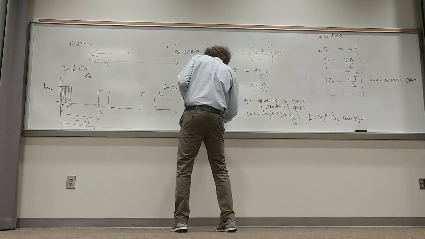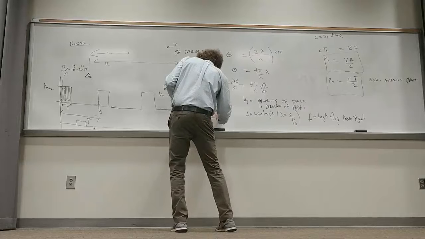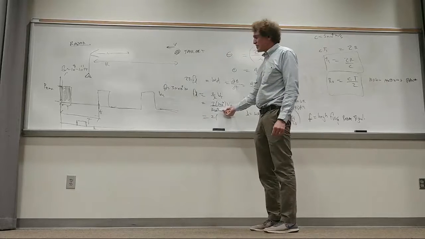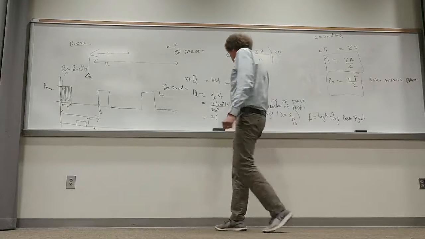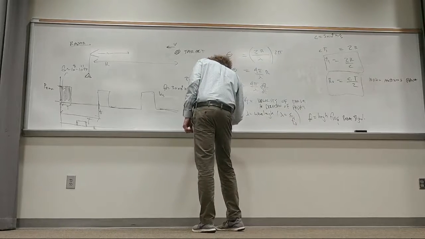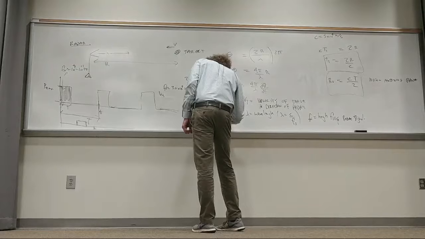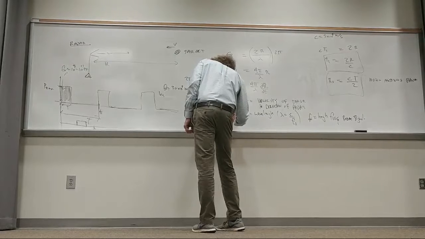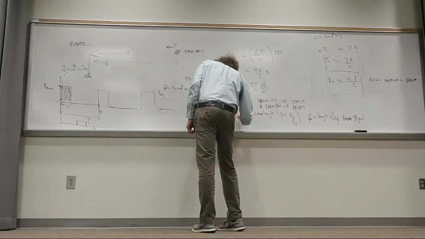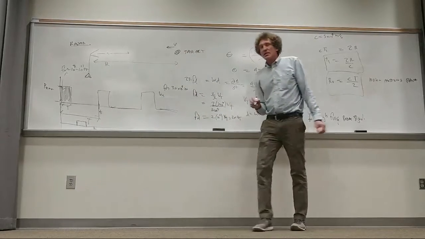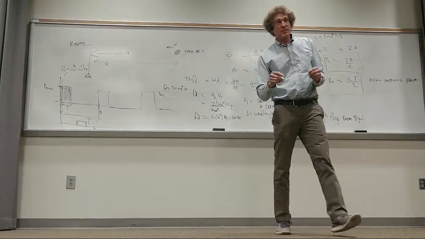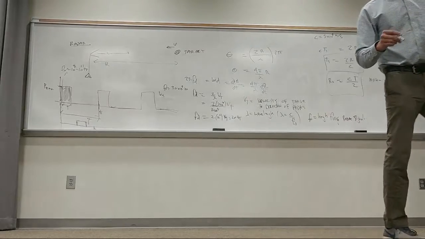Times 2 v t. And 3 times 10 to the 10th over 3 times 10 to the 8th is 100, or 10 squared, right? So it's 2 times 10 squared times vt, or really 200 vt, is going to be the actual Doppler shift. Are you with me, class?